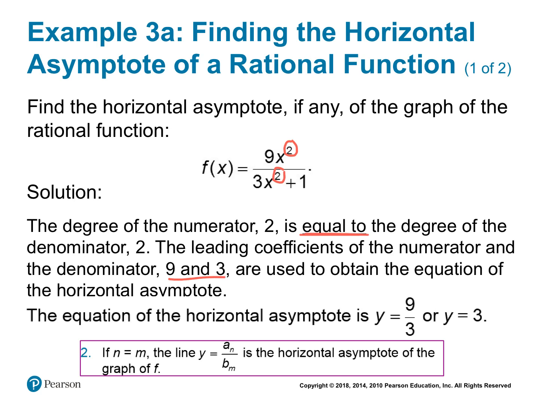We get that from these numbers. That's going to help us find our equation, and I'm getting that from option 2. If n equals m, then you have to find the quotient. So we get y equals the top coefficient divided by the bottom coefficient, which is y equals 3.